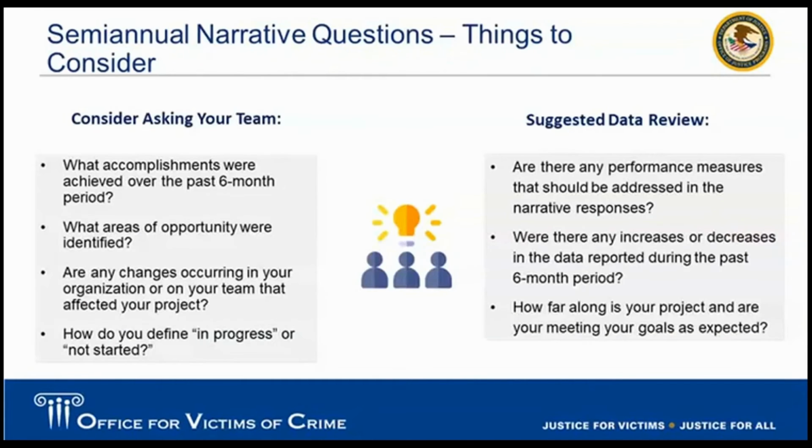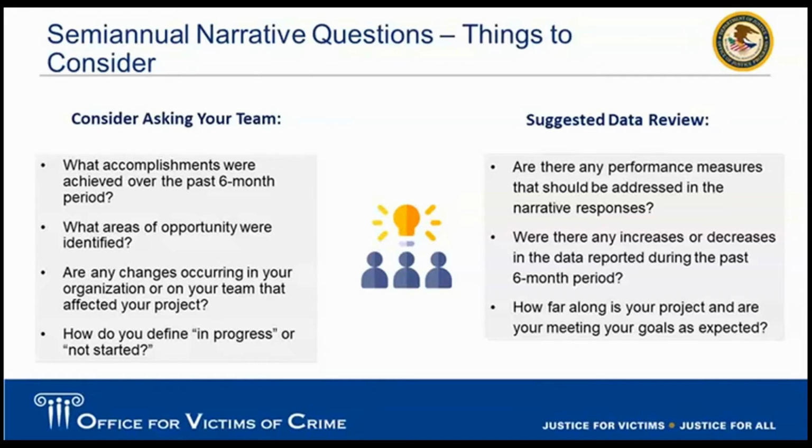Things to consider, the biggest thing to consider is to work as a team. Ask team members, this should not be completed by one individual. There are different perspectives on your team. Different individuals are working on different deliverables for the award. So you should work as a team and ask the team about accomplishments, about opportunities, and changes in the organization that would be affecting your projects, and also how you define certain terms within your team, such as in progress and not started.